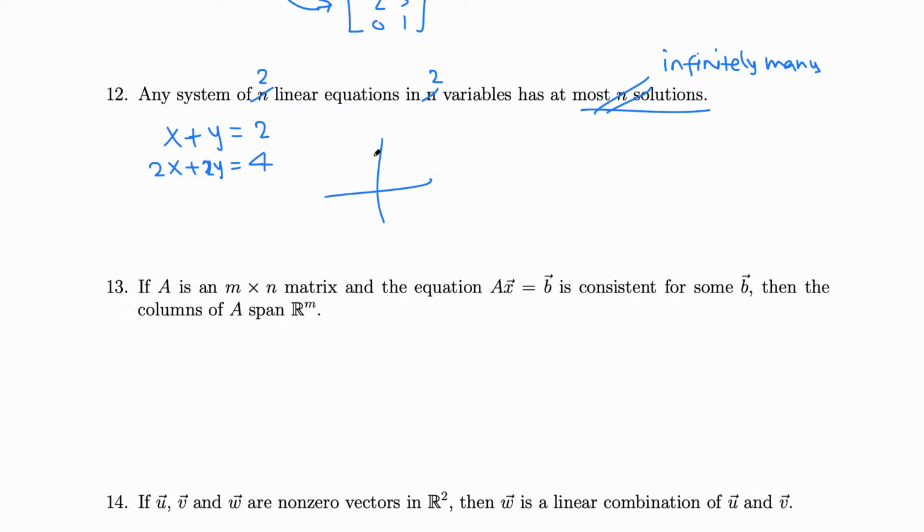I don't know, something like this. I mean, this is not true, what I wrote. But let me show you by matrix, because this is 1 1 2, this is 2 2 4. If we row reduce, we get 1 1 2, and this is 0 0 0.